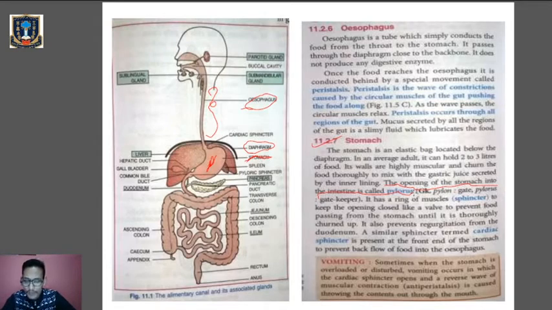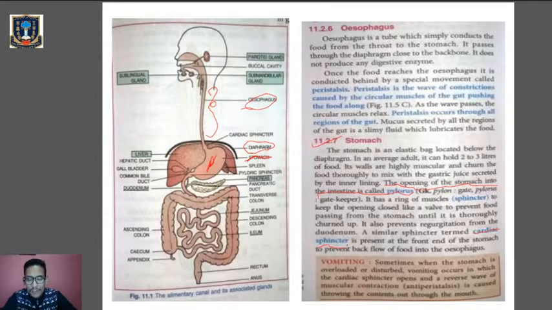Similarly, in the stomach also we have these sphincter muscles which will close the valve so that it can prevent the passing of the food until it is thoroughly churned and thoroughly digested. Now, we have another type of sphincter which is called the cardiac sphincter.